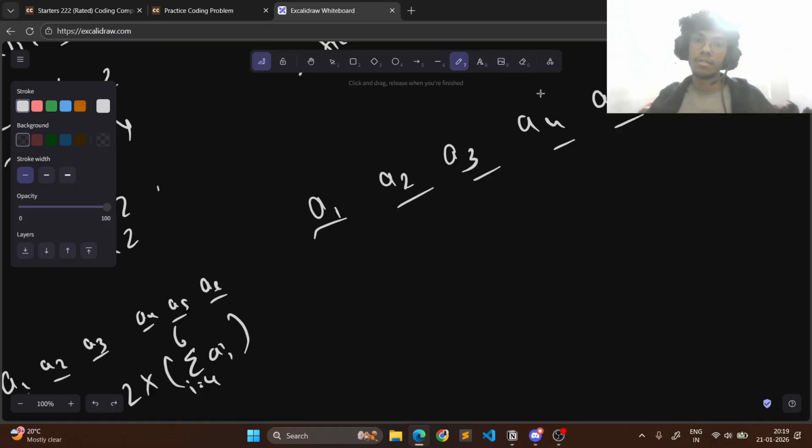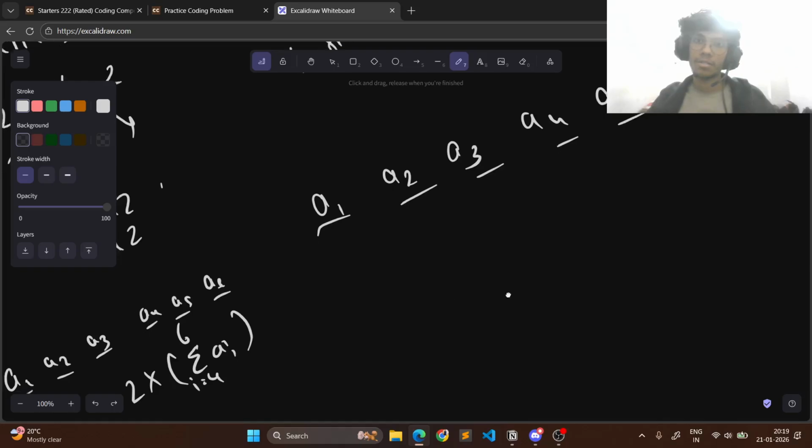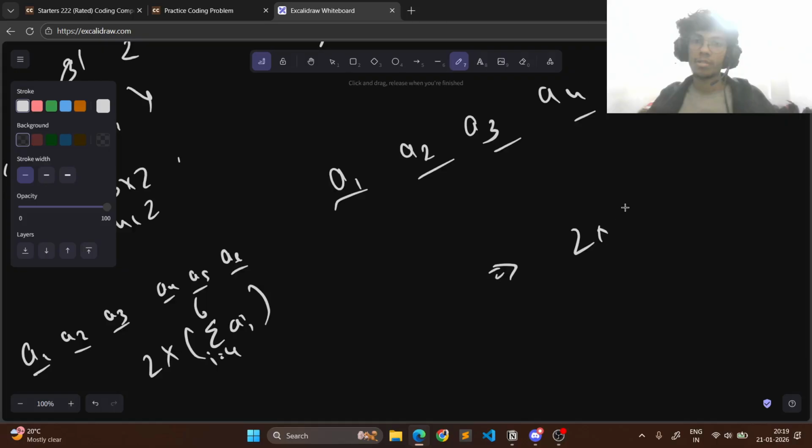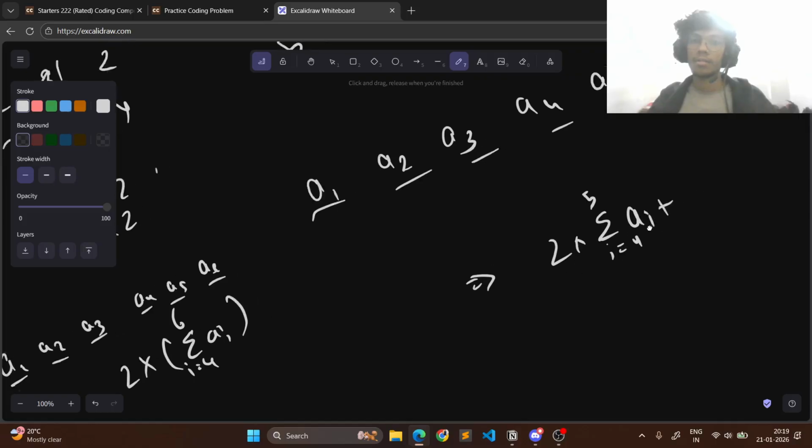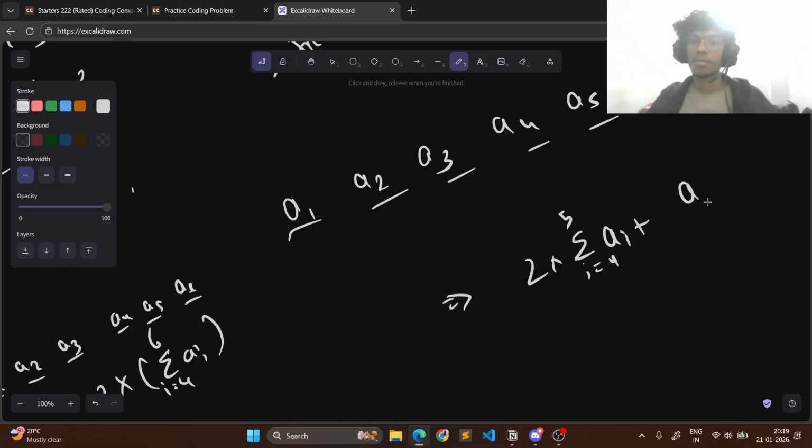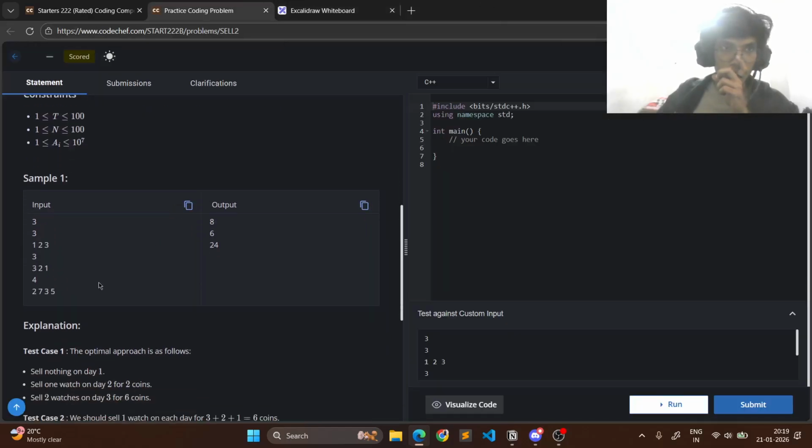This is 2 into summation of i from 4 to 5 of ai, plus the first element, which is a3, and this is it, I guess. So we can just simulate that particular thing. If this is increasing, we'll do that.